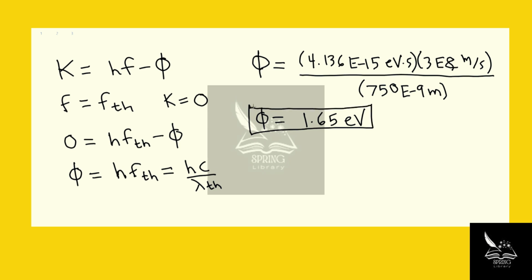So for the visible spectrum, in the best scenario, the work function of our metal is going to be 1.65 electron volts. So in other words, when we shine light onto our metal, 1.65 electron volts worth of energy is always going to simply be lost to the metal. The rest will go to the photoelectron, giving it some kinetic energy.